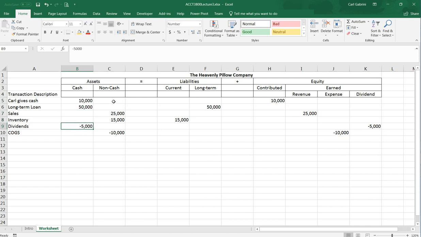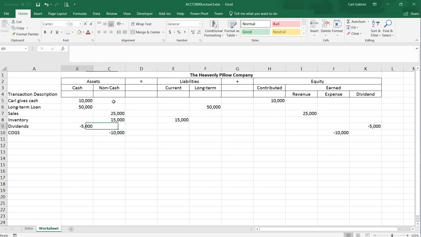So in the end, we started out with zero cash, and we end the period with $55,000 in cash. In terms of our non-cash assets, we have $25,000 in accounts receivable, and then we started with $15,000 in inventory, and $10,000 of that was recorded as cost of goods sold because it was removed from inventory, and so therefore this $40,000 becomes $30,000.